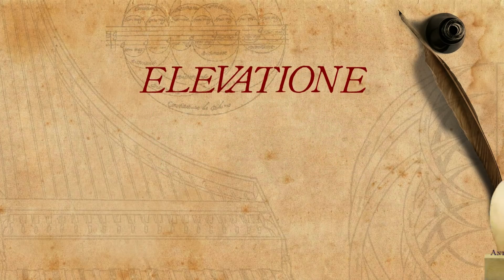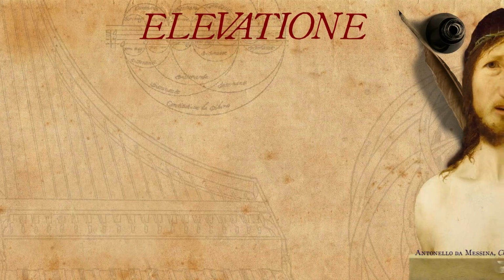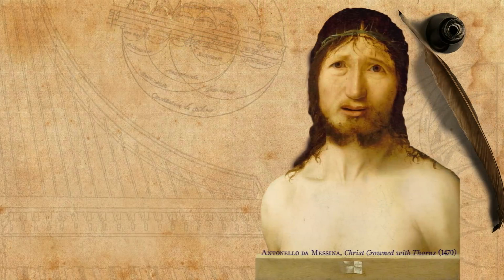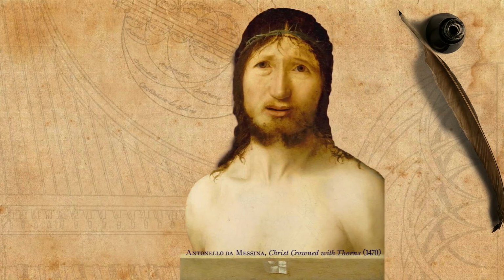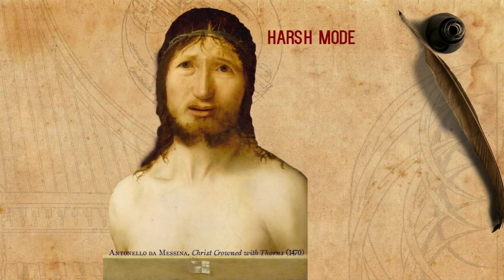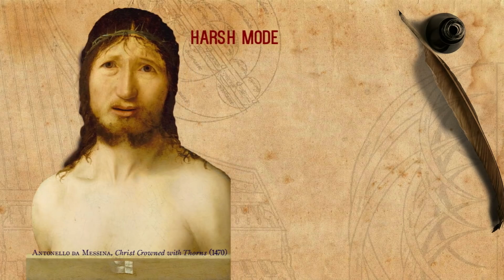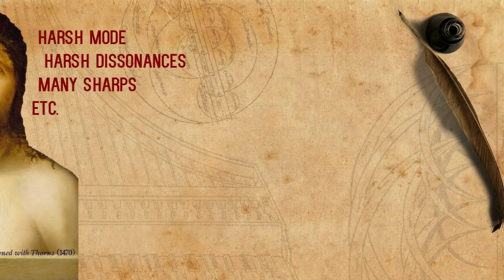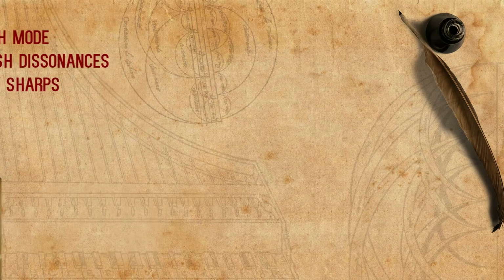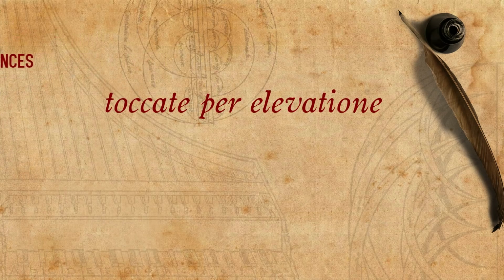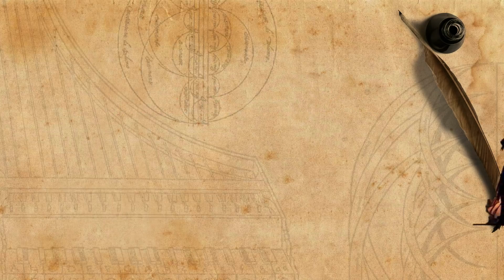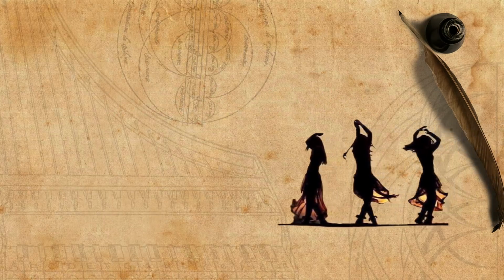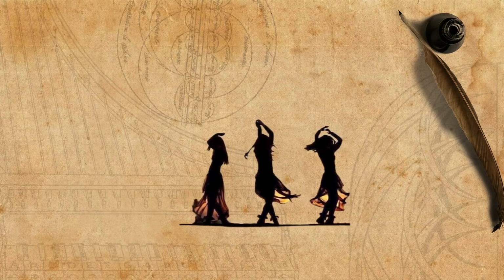Then, the congregation is expected to contemplate the suffering of Christ, and this should be expressed musically, with harsh musical means, with a harsh mode, most often some mi mode, harsh dissonances, many sharps, etc. This can be seen in many examples of written-out toccate per elevazione. There are, however, instances where the player is not bound to anything whatsoever, and can improvise in any way he fancies.